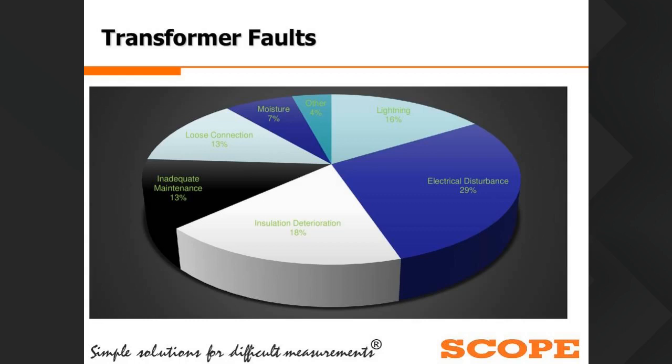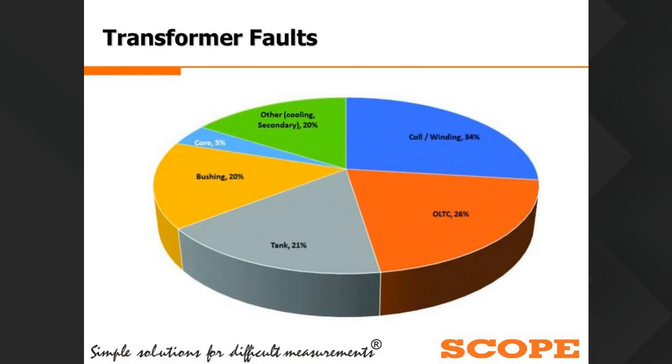Then lightning, due to lightning, the failure of insulation, failure of winding, is up to 16%. Moisture content in oil, the failure of the transformer, is 7%. Loose connection, the failure of it is 13%. And inadequate maintenance, that is irregular maintenance, the failure percentage is 13%.